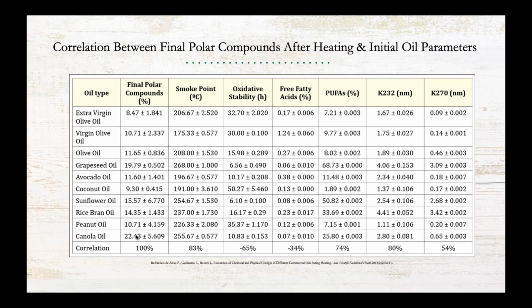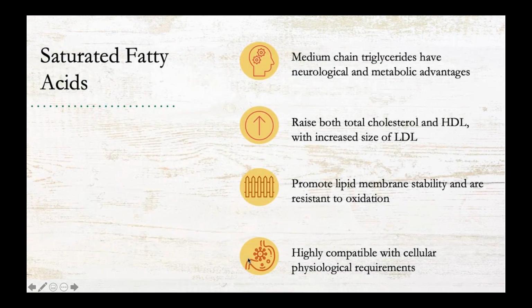So again, I think this is a really telling chart that looks at the chemical and physical changes in a variety of different commercial oils through moderate heating. So this is for everybody to look at closely later on. Now I just want to give you some summary slides here before we dive into your questions.